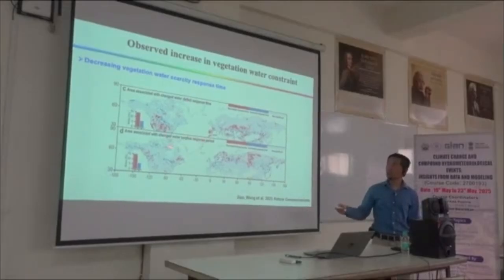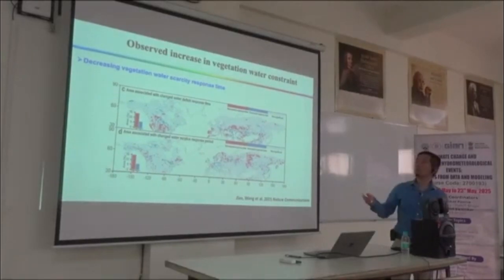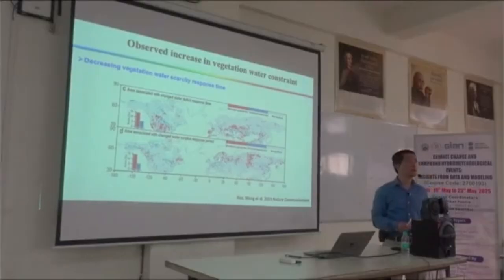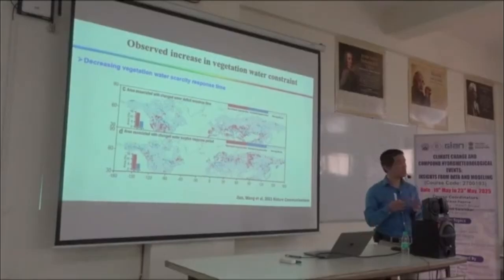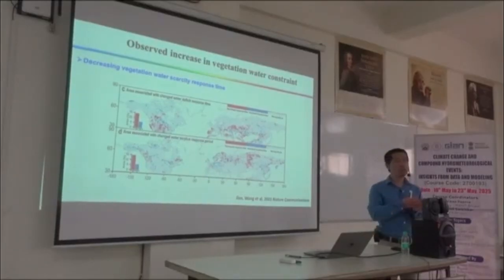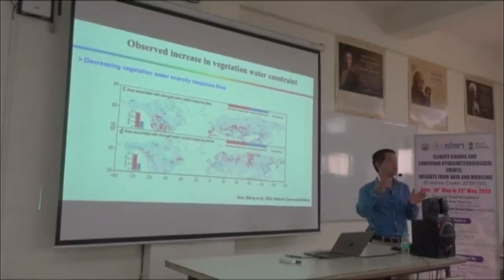For water surplus region, it's actually very similar. The response time also becomes shorter. Remember for surplus region, we talked about if we have a short drought condition happen, it's actually benefiting the plants. It's actually a good thing. But the period of benefiting could be 1 month, could be like 10 days.